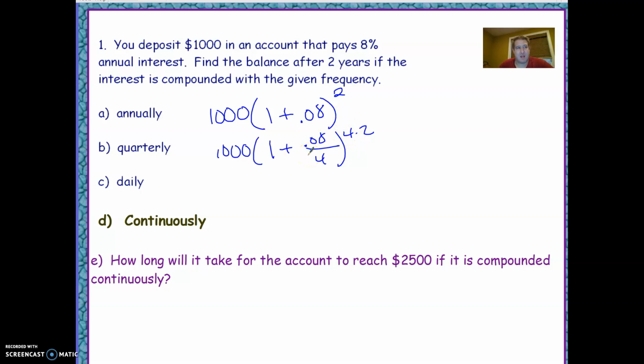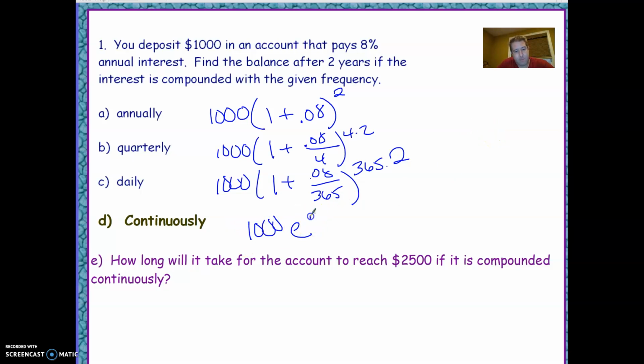So it's a 4th as much each time, but you're also getting paid that interest more times, just less each time. So daily would be 1,000 times 1 plus 0.08 over 365, to the 365 times 2 power. Now continuous will be 1,000 times e to the power of 0.08 times 2. And then you plug that into a calculator and you solve.